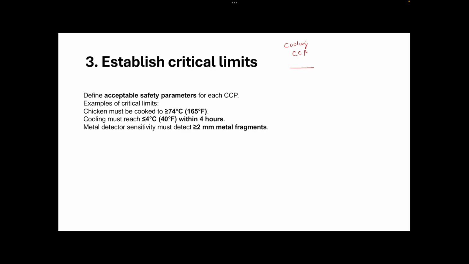So we are saying that this burger should be cooked to an internal temperature, and if it is not cooked to that internal temperature, then the burger cannot go to the next step, right? That is packaging or whatever the next step is. It cannot move on to the next step.